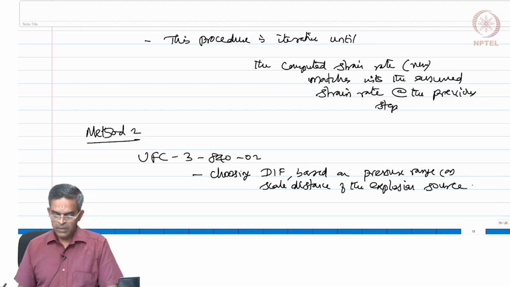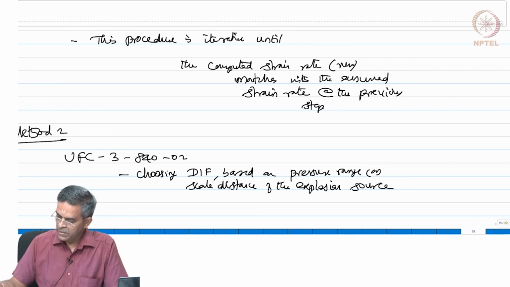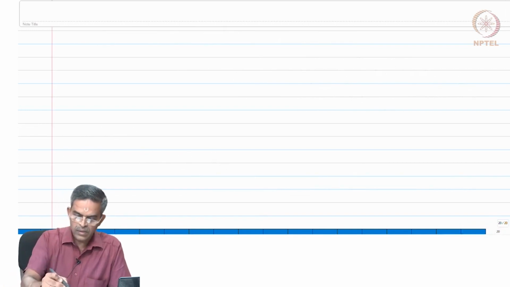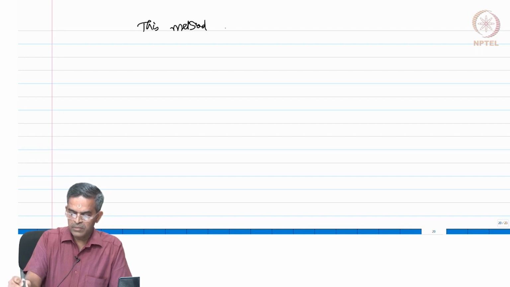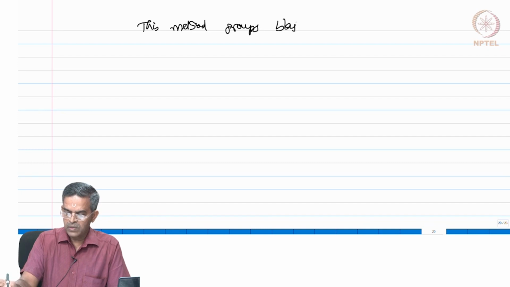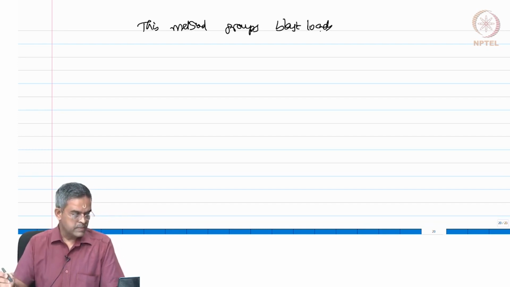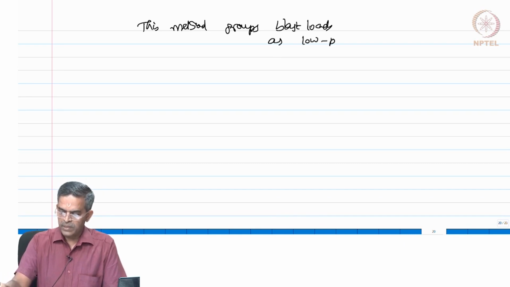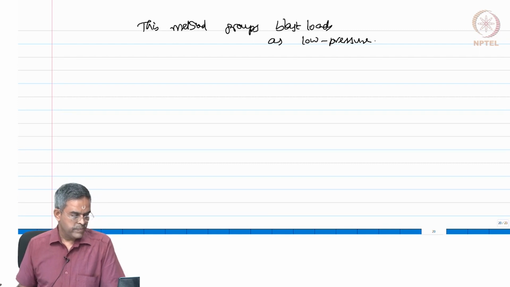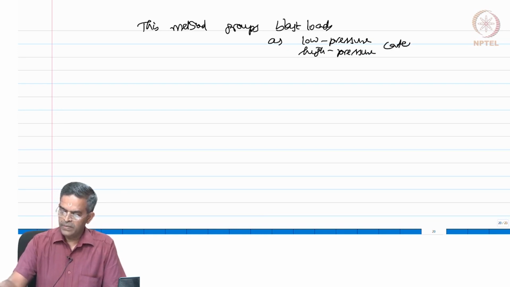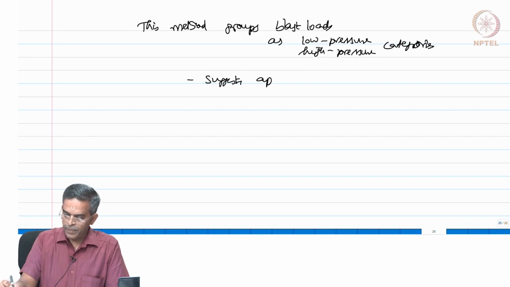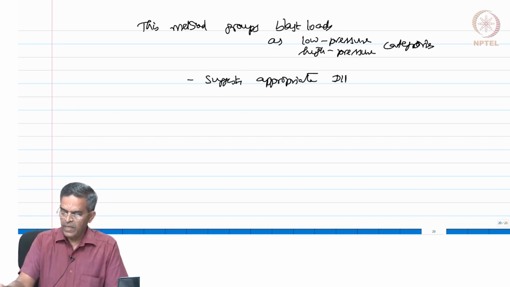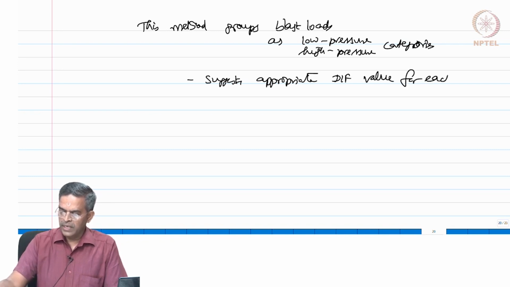The method groups blast loads as low pressure and high pressure categories and suggests appropriate DIF value for each category.